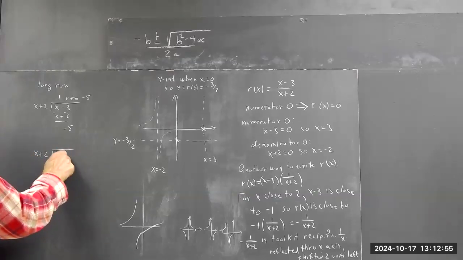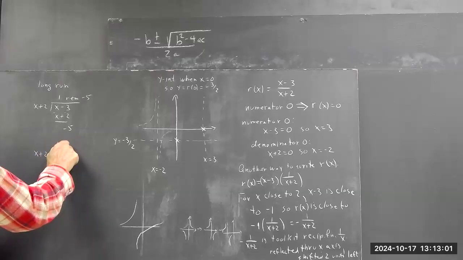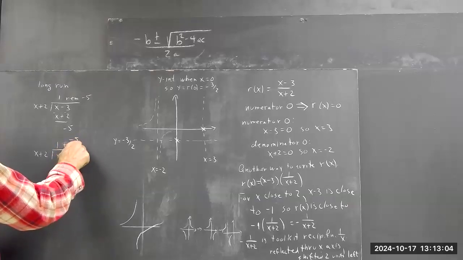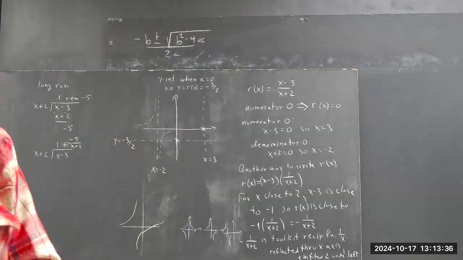Without writing out the division, which we already did, this is 1 plus -5 over x plus 2. If x is really big, x plus 2 is really big. And when you divide a really big number into -5, what do you get close to? Divide -5 by the hugest number you can imagine. What number is the result going to be close to? If you divide -5 by 1,000, what do you get?